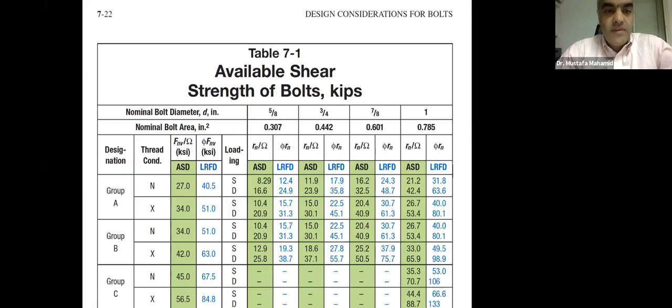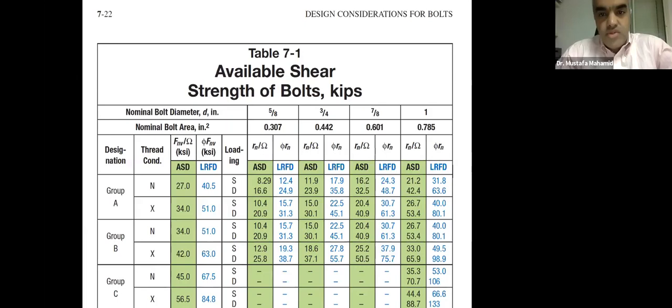Then we have Fnv over omega, that's for ASD, and phi Fnv for LRFD, that's in ksi. These values, when multiplied by the area, give us the capacities on the right for each bolt diameter.